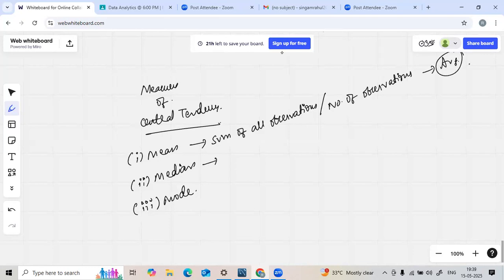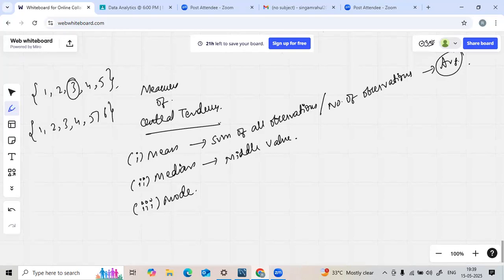And when you are referring to median, it is going to be the exact middle value available in the data set. Yesterday also we discussed it. In case you have an odd number of data points, the exact middle value is your median. If you have an even number, then the average of the middle two values you consider as median, 3.5.